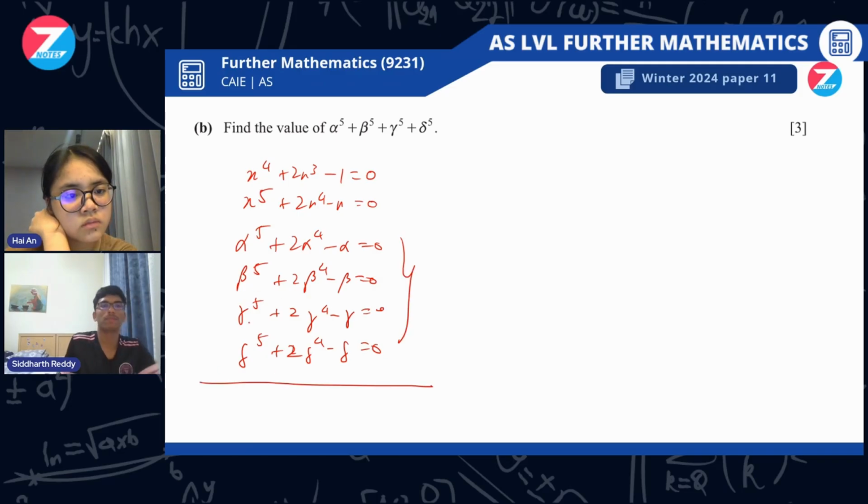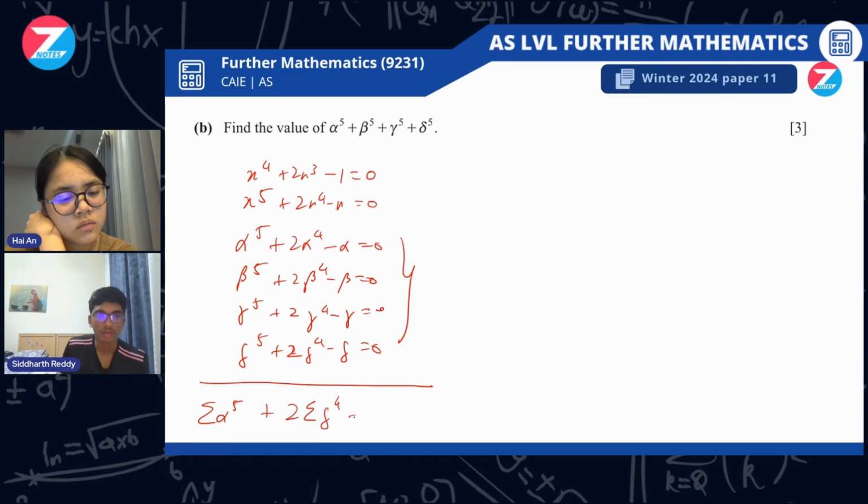So we can add up this. So we get sum of the fifth powers plus 2 times the sum of the fourth powers minus the sum of the roots.